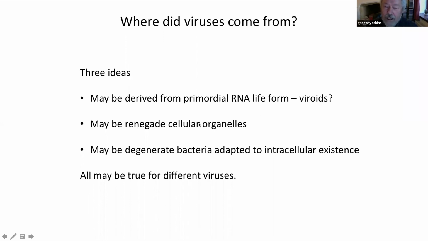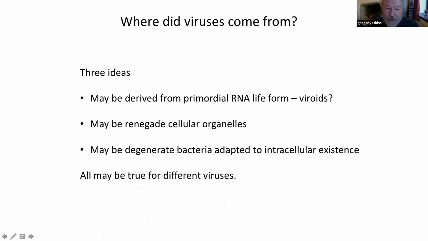The other idea that's been put forward is that these might be cellular organelles that have become renegade. Some structures within cells, like mitochondria and ribosomes, have their own nucleic acid. Mitochondria have DNA, ribosomes have RNA. These might have become renegade and have a different function and have started multiplying themselves. And so that may be another different idea for the origin of viruses.